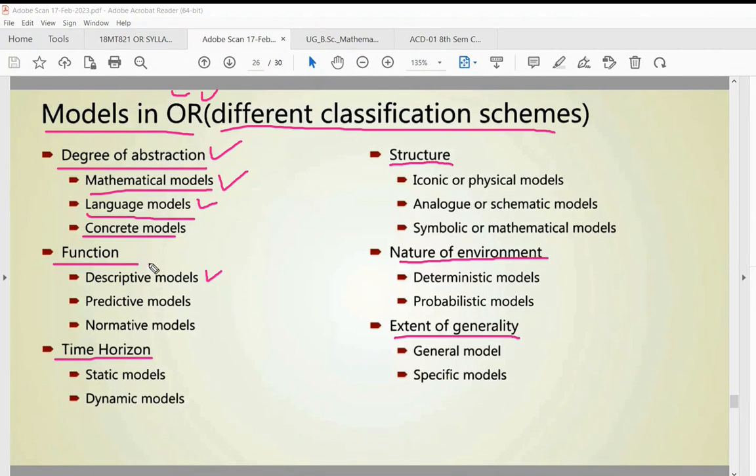That function might be of descriptive type, predictive type, or normative type, based on the functionality to be offered and the solution required. Those types of models are also most commonly used. They belong to the functional type of models: the descriptive model, the predictive model, and the normative model.